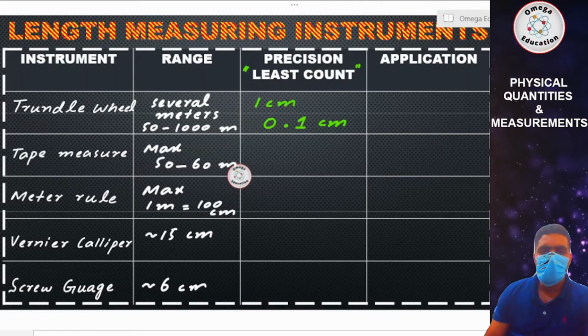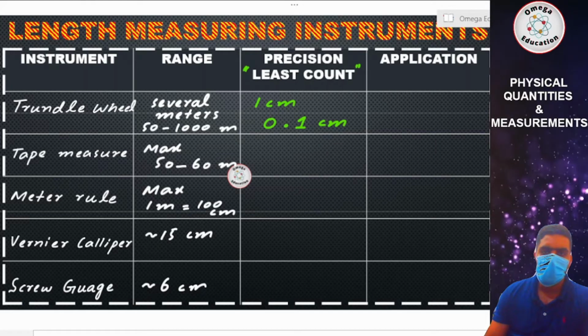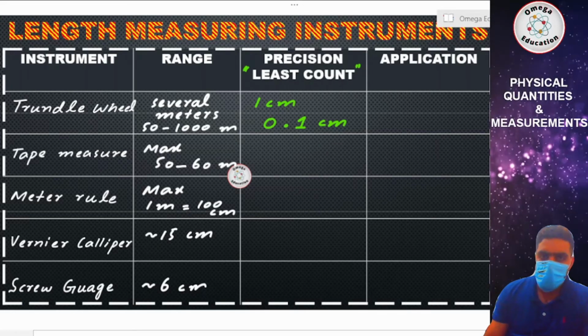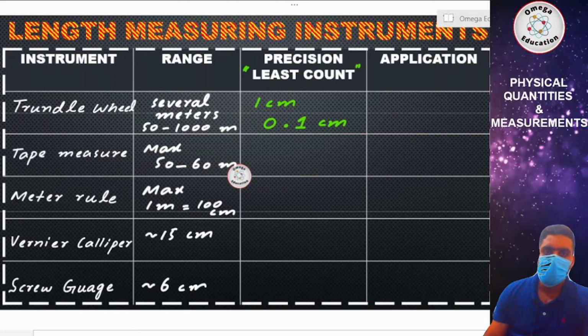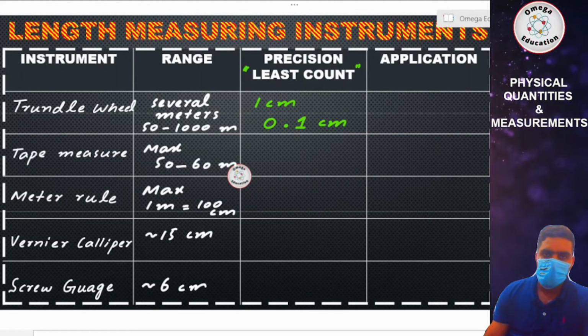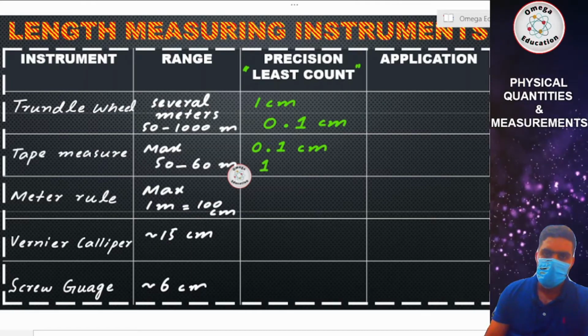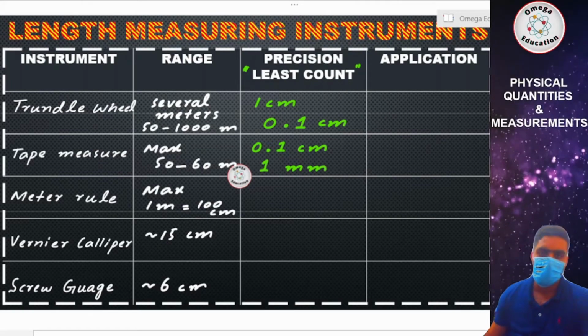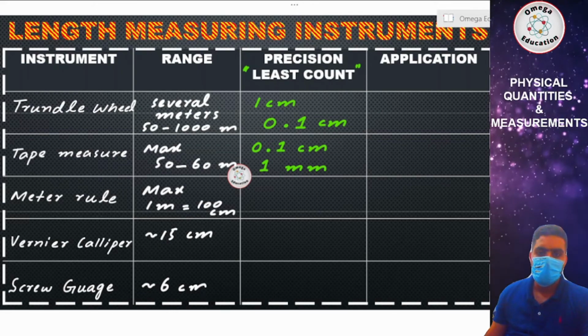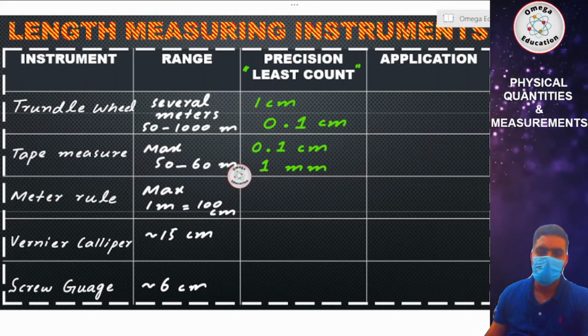For the tape measure, its precision, or the minimum reading that you can measure with the tape measure, is 0.1 centimeter, or in millimeters that equals 1 millimeter. This is the lowest reading that can be measured by the tape measure or measuring tape.